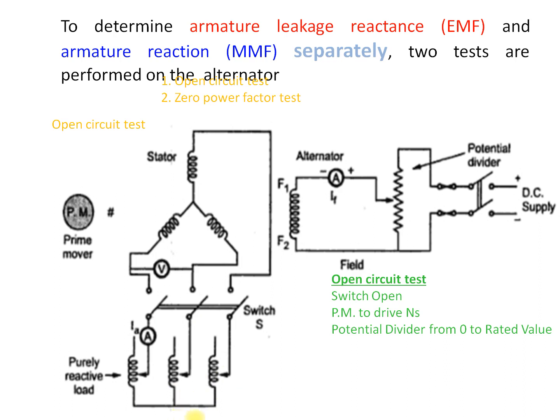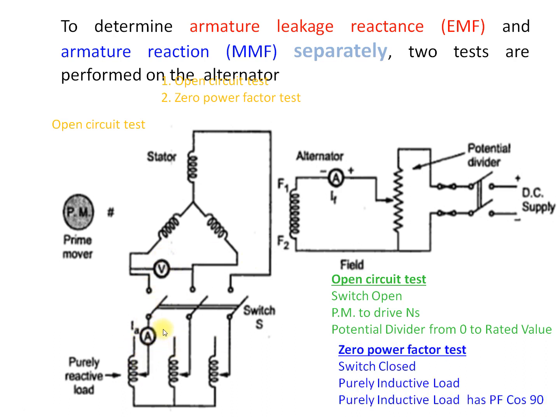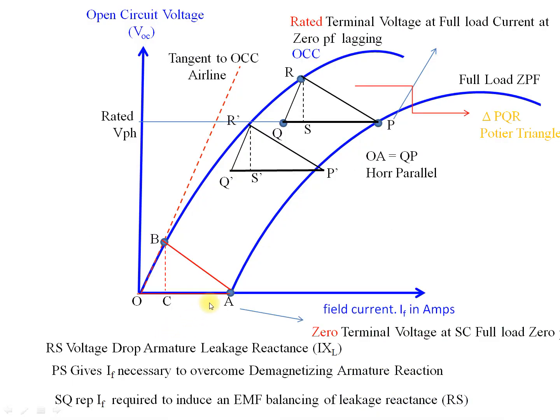From increasing the reactive load, the voltage will increase and the current will also increase. We read these two values whenever we increase our load, and after getting these values, we plot them as a ZPF curve.